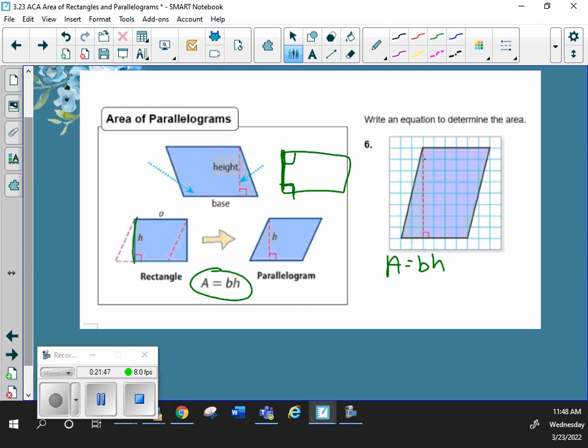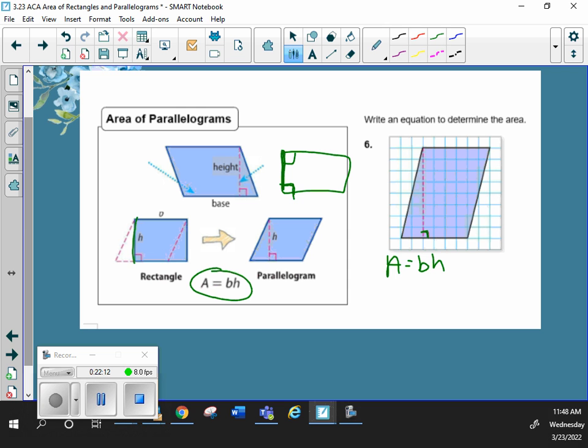So right here, this is showing the height of that parallelogram. Because this is slanted, it's hard to count the sideways units. So when we find the height of a parallelogram or the base, whatever way you look at it, it has to make that right angle. So that's why they always mark it.